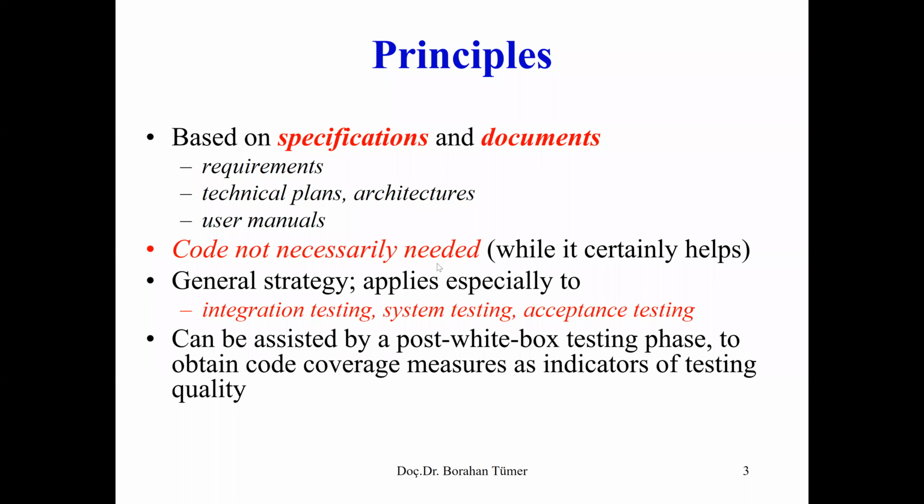It is not required. But of course, if we have it, it definitely helps us further. To support the test, we may use the code, but the code is not necessarily needed in performing a functionality testing or a black box testing.